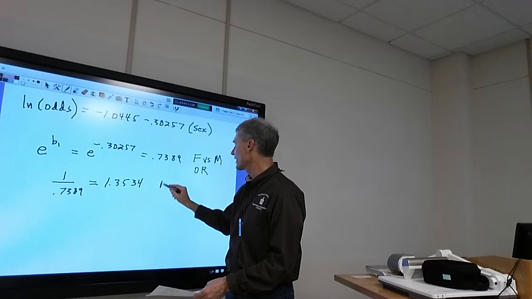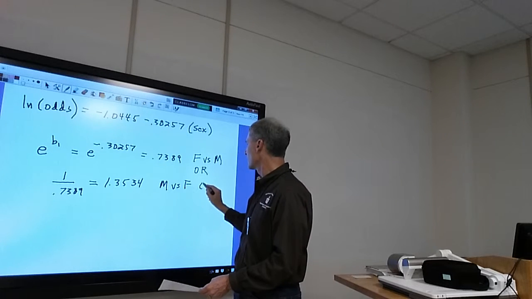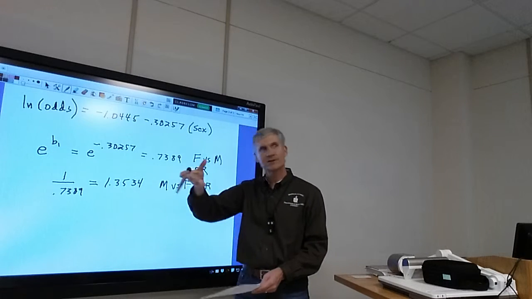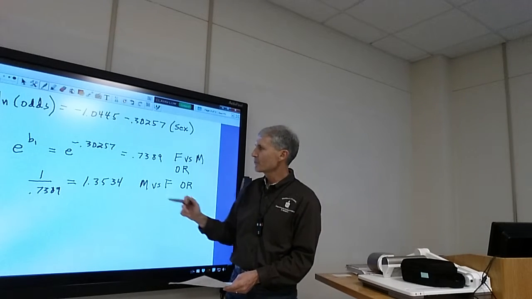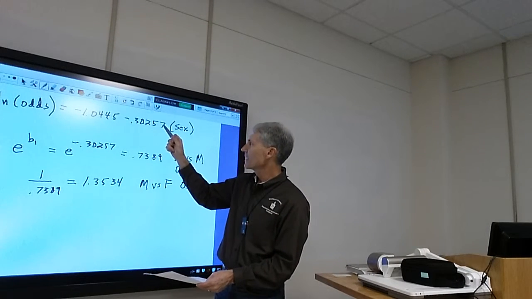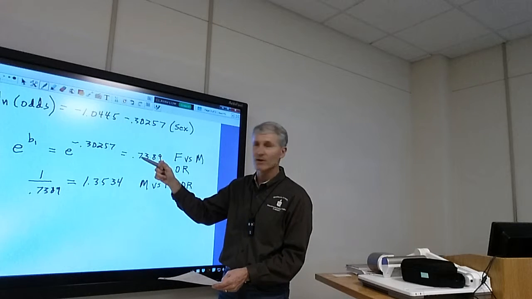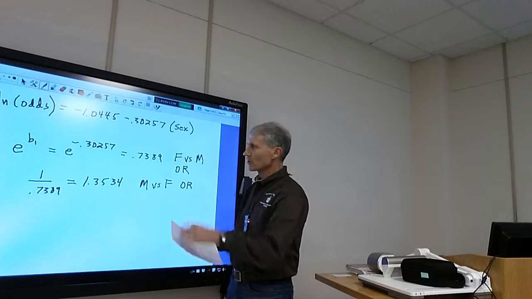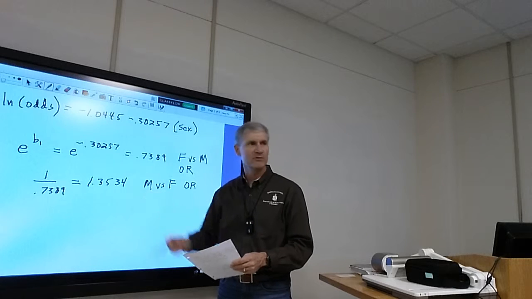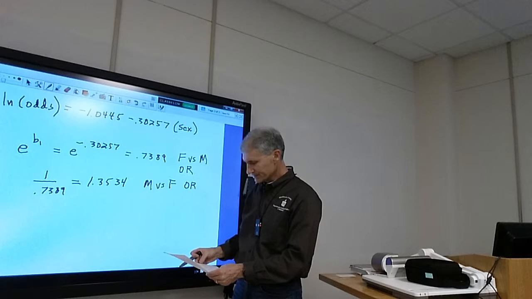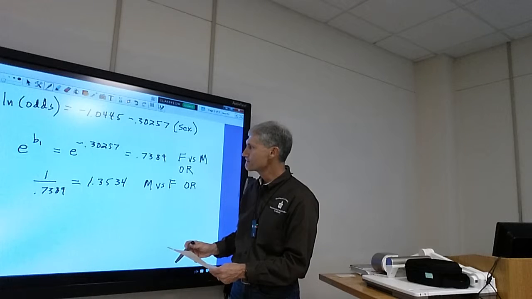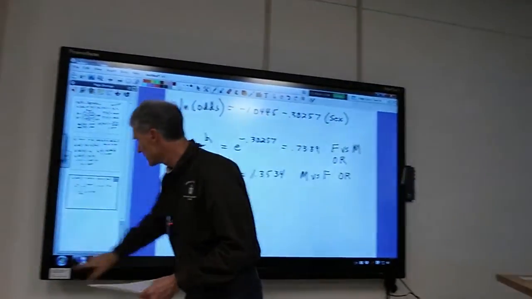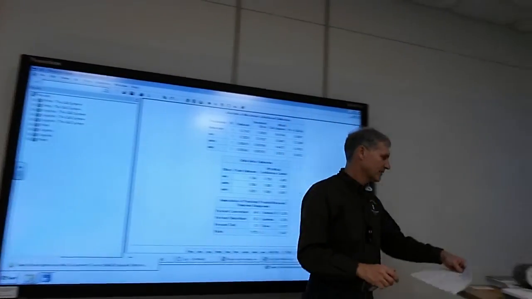This is males versus females odds ratio. Obviously, 1 over a ratio is the ratio going the other way, right? If we had set it up so that males were 1 and females were 0, then we would have gotten this as our answer when we did that. So you can always get from one to the other just by taking the reciprocal. Okay? All right, so now let's go to SAS and run this model.